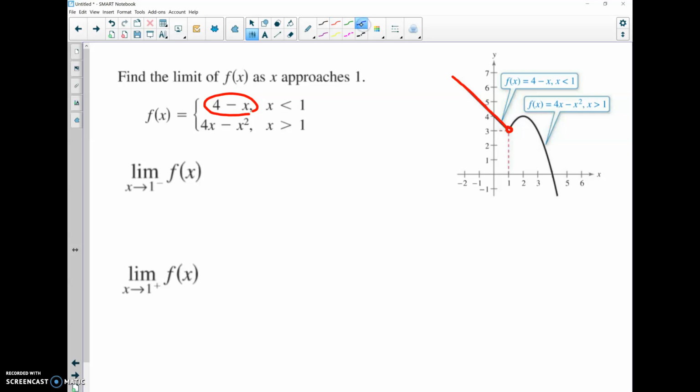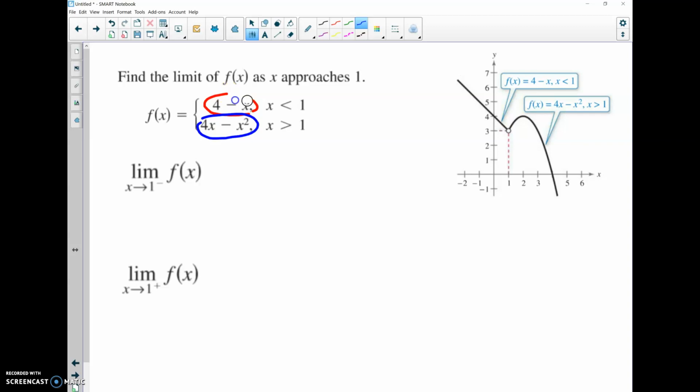And then our quadratic, when x is greater than 1, so open circle here, and our quadratic, all the values of x greater than 1. If you notice, both pieces of that graph, the open circles are connected. That's nice. So let's go back and think of one of the techniques that was used in evaluating limits in 11.2 part 1 on Monday.